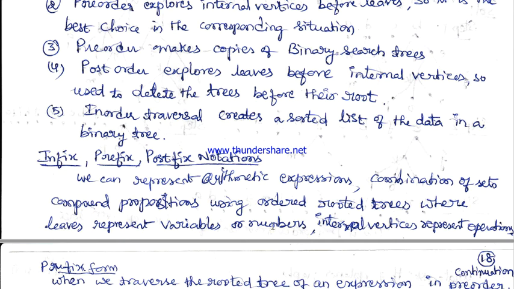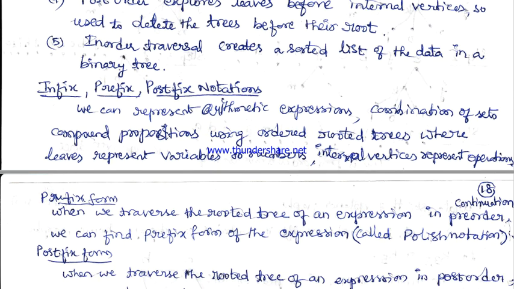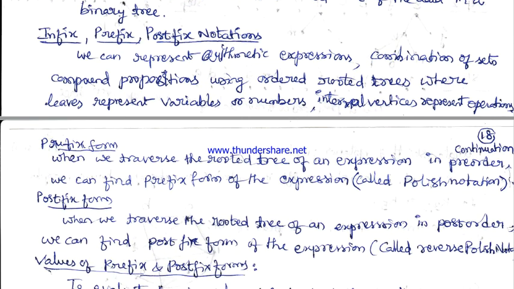In this representation, the leaves are taken for representing variables or numbers, whereas the internal vertices are used to represent operations between the variables.